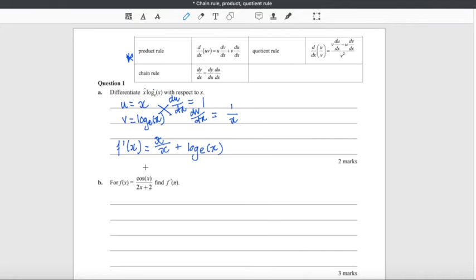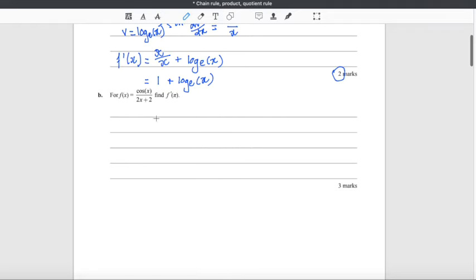If we simplify that, we can see that x divided by x is always going to be 1, because any number divided by itself is 1, and x represents some number, plus log e of x, and that would be your final answer there, and you get your full marks. The only thing you have to check is whether they want you to substitute in a value for x, but in this question here they haven't asked us to substitute in any value.